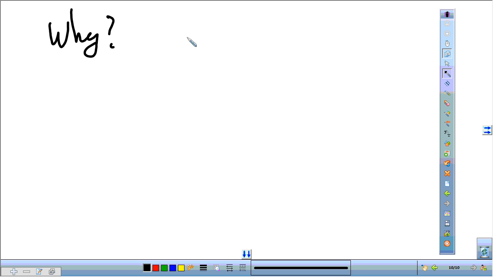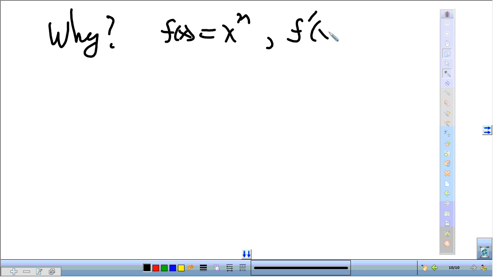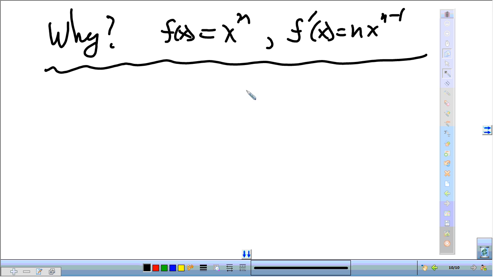Now, the power rule. Let's look at that a little bit in terms of a specific power.